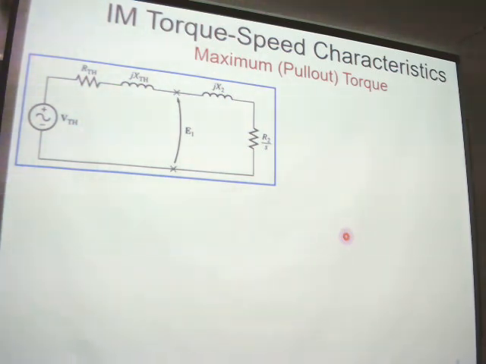This is the equivalent circuit. We studied this last week and started some calculation on how to calculate the power and the losses using this equation. But today we use this circuit just for the torque calculation.